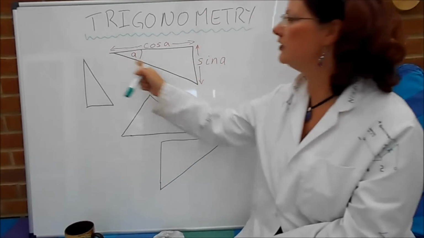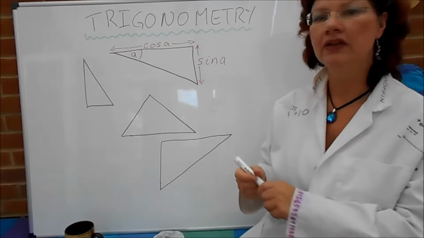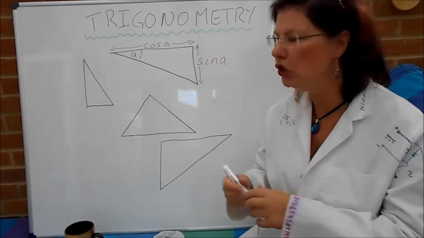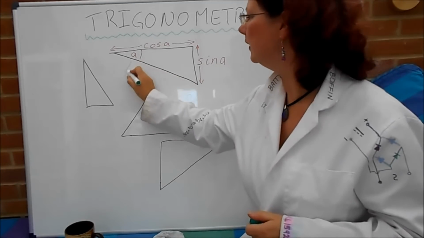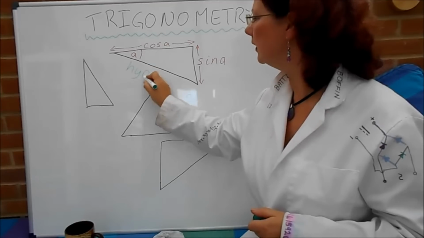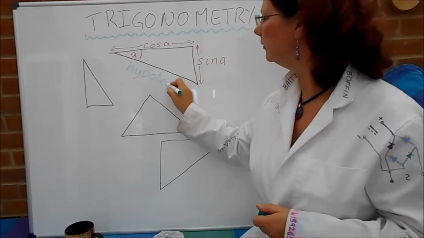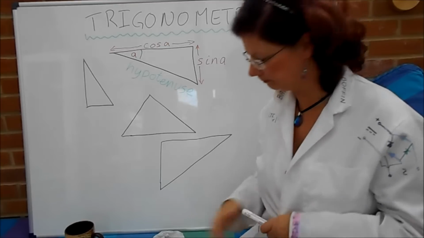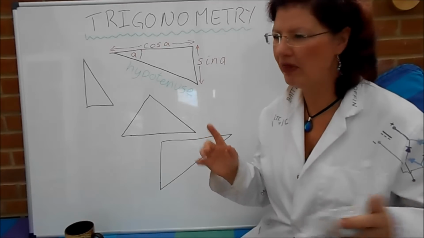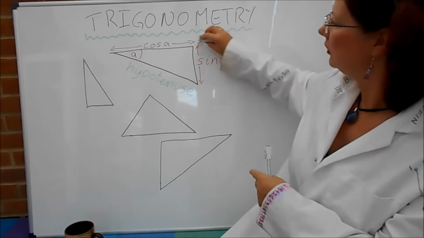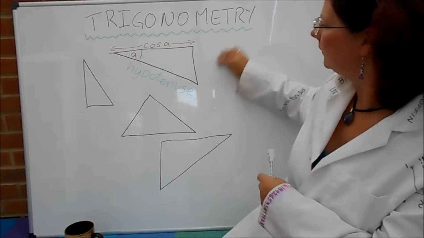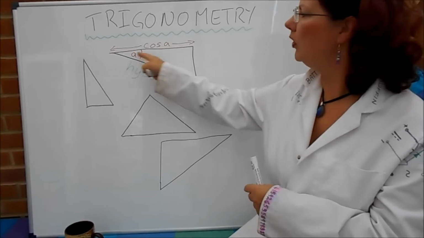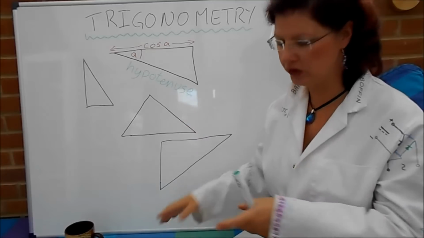This longest side here is called the hypotenuse. You might have heard that word. Hypotenuse. You don't have to know how to spell that. This side up here is the one that's opposite the angle we're talking about.